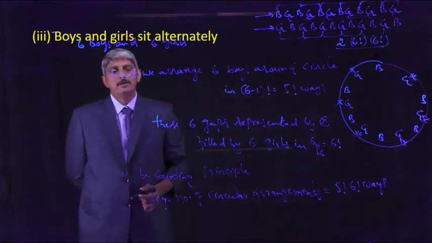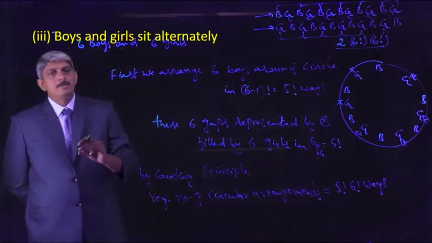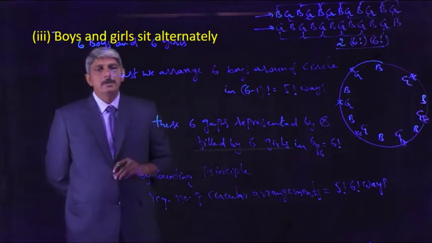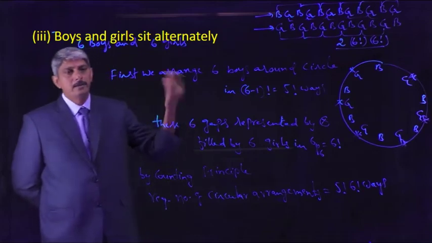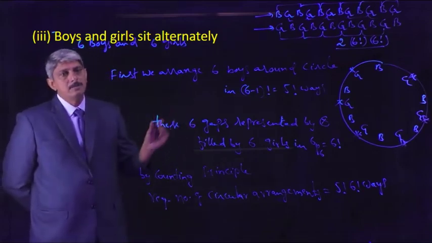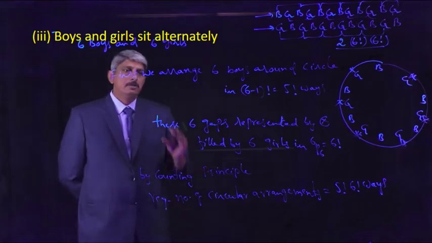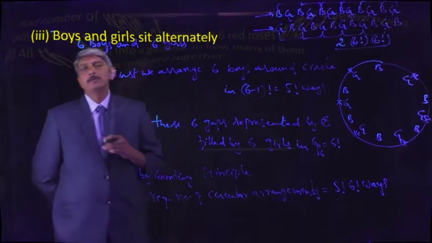Okay. The same process can also be done: first we fill with girls, after that identify the gaps, and in those gaps fill the boys. Then also we get boys and girls sitting alternatively.